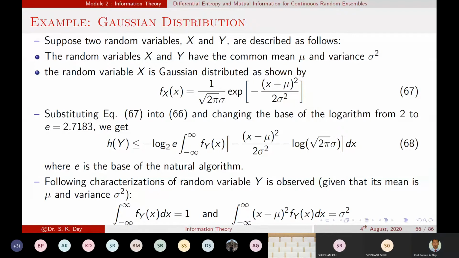If we take the terms minus 1 by 2 minus log square root of 2 pi sigma, and now take common of 1 by 2, what will be there? 1 plus log of 2 pi sigma square. Is it coming or not?